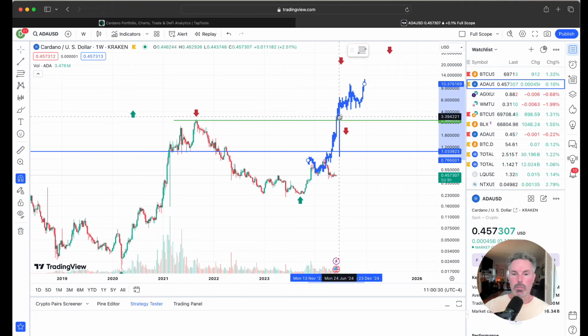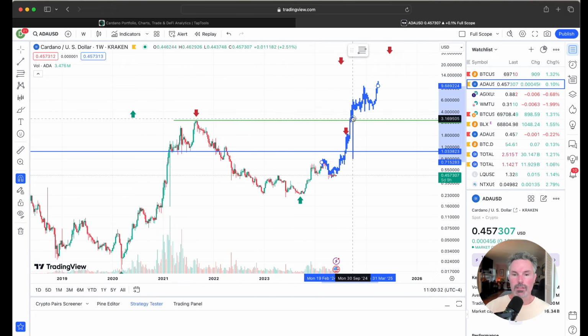So let's put this over here. Look how similar this is. It's not exact, but look how similar it is. It kind of goes up, it comes down for the sideways time, and then shortly thereafter, whoosh, we go up into these directions that we don't know about. We don't know where the top of it is going to go.